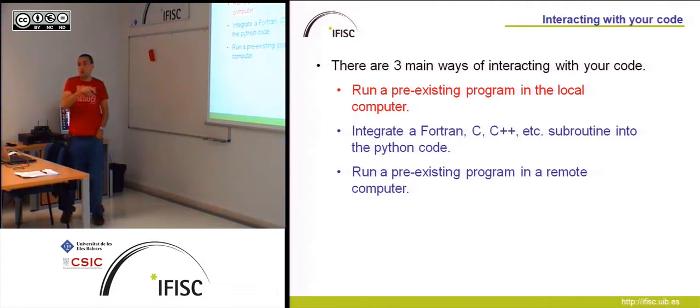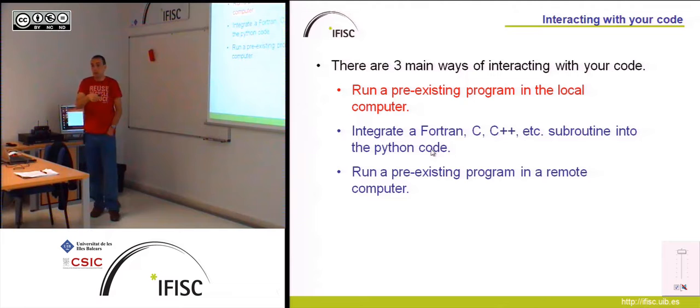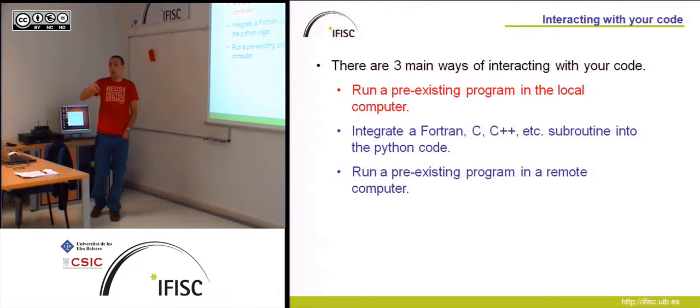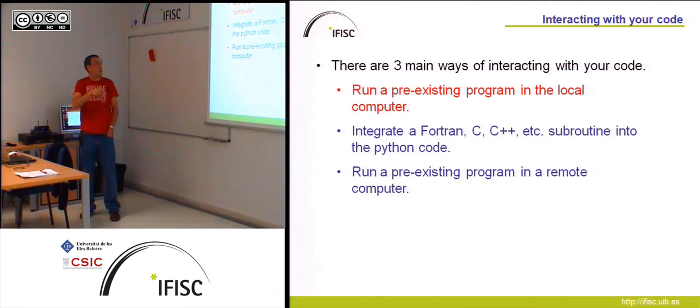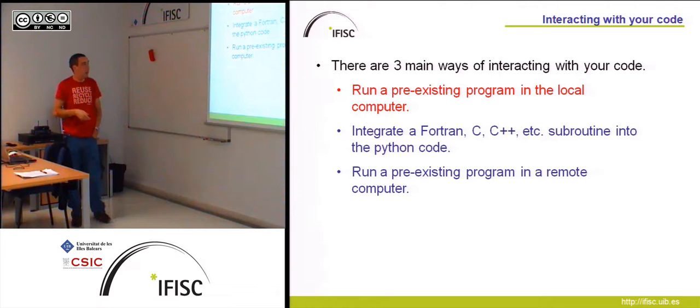What you can do with Python is to call some subroutine which is written in Fortran. So your code will be a subroutine, you compile it all together, and then you have one Python code which runs everything. And all the code is included in the same file or in the same program. So these two things, you can do in a local computer.